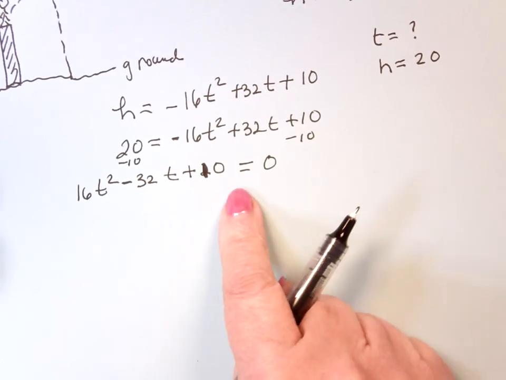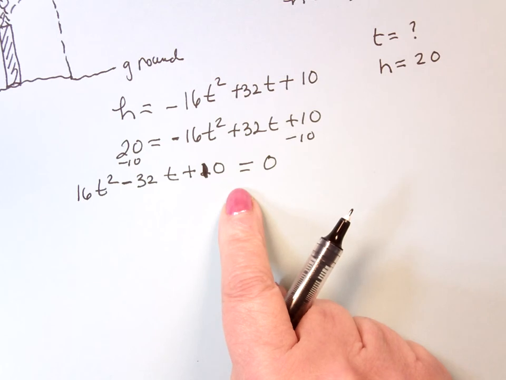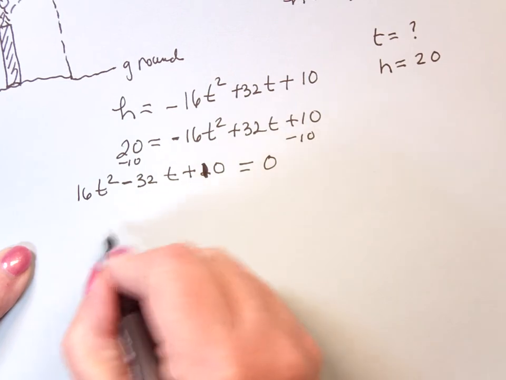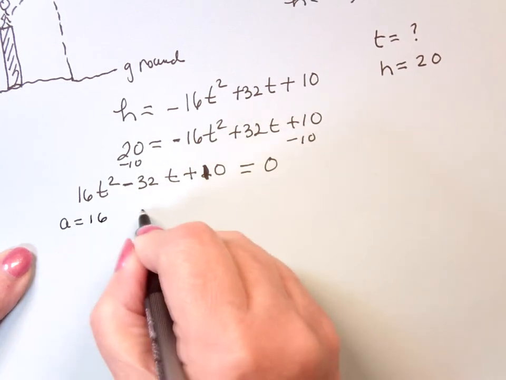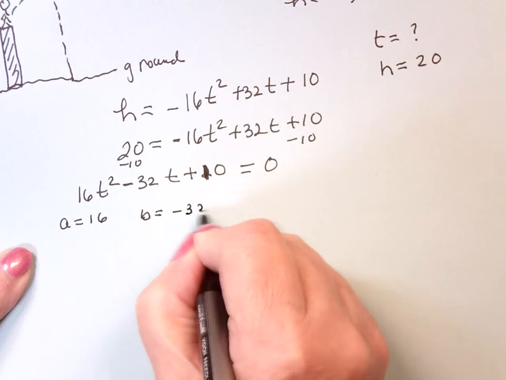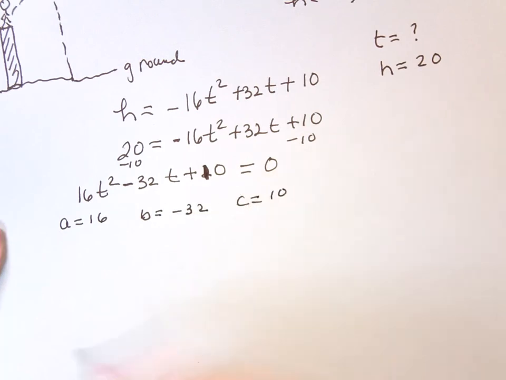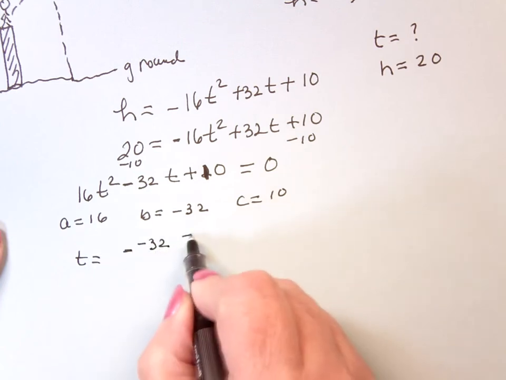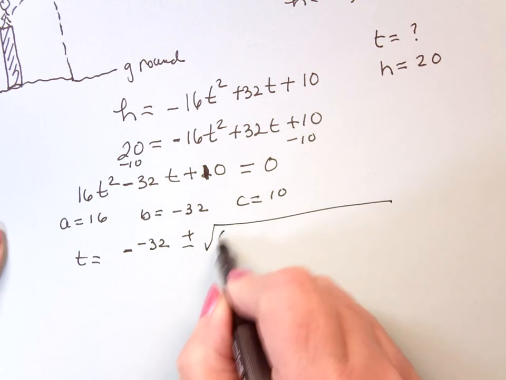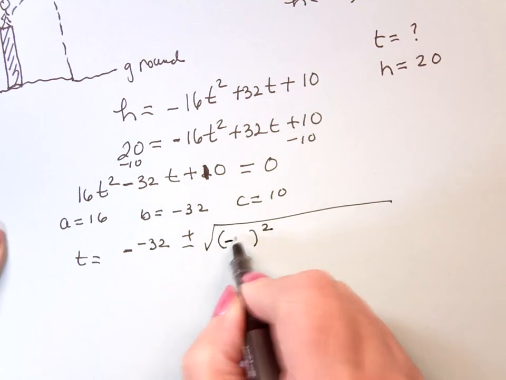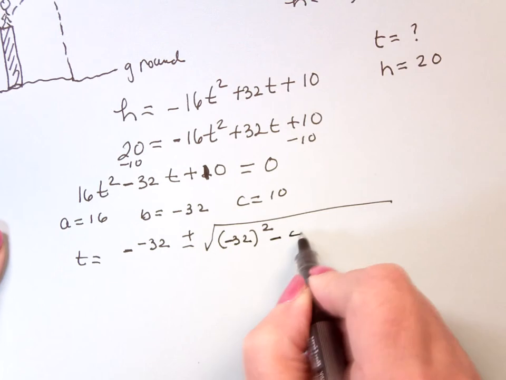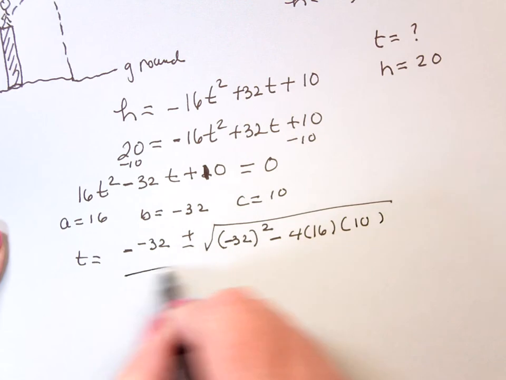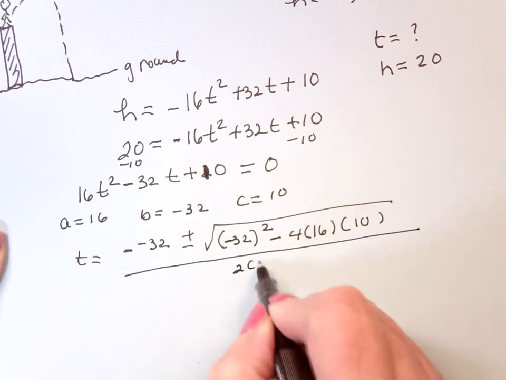And I don't know whether it factors or not, and I don't care because this looks too nasty to me, regardless. So I just shove the thing in a quadratic formula. So I know that A is 16, B is negative 32, C is 10, so that t is minus B, minus 32, plus or minus the square root of B squared, which is minus 32 squared, minus 4 times A, which is 16, times C, which is 10, all over 2 times A, which is 16.